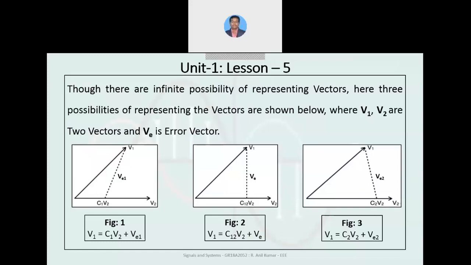Yes or no? Because for ve1 or ve2, the distance is more compared with ve. So the optimal condition to have the least error among these three figures is figure 2, as the error magnitude is less.